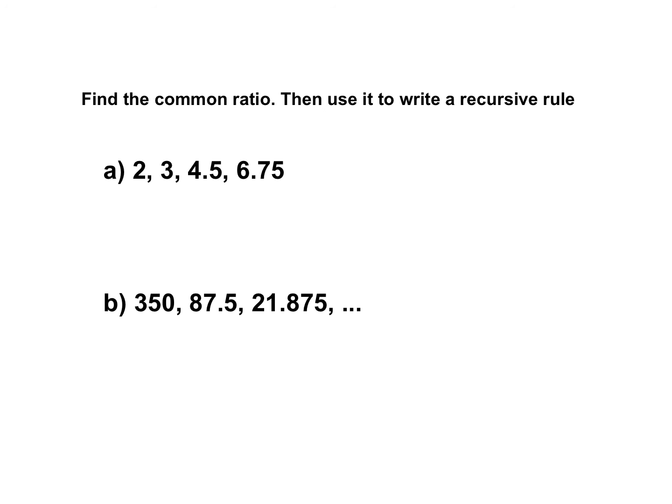All right, so sometimes the rules aren't quite as easy to find as the other ones that we were doing, like to get from 2 to 3 to 4.5. If you're ever not sure, just like we did with our exponential growth, you would take this number divided by that one. I would do 3 divided by 2, or 4.5 divided by 3, because I have to see, well, 2 times something is 3. Well, I know 3 divided by 2 is 1.5, and then you can always just test it.